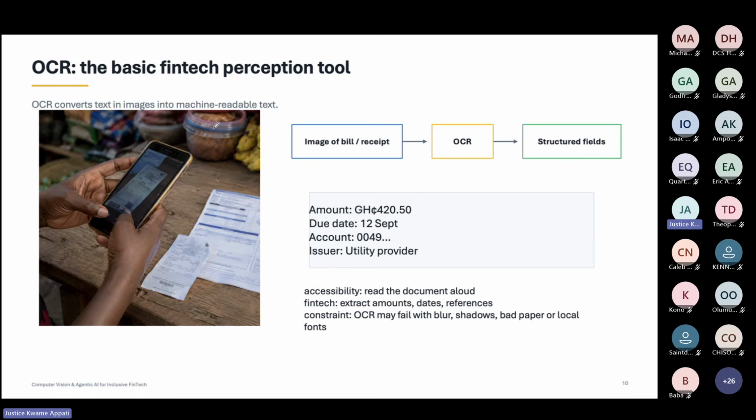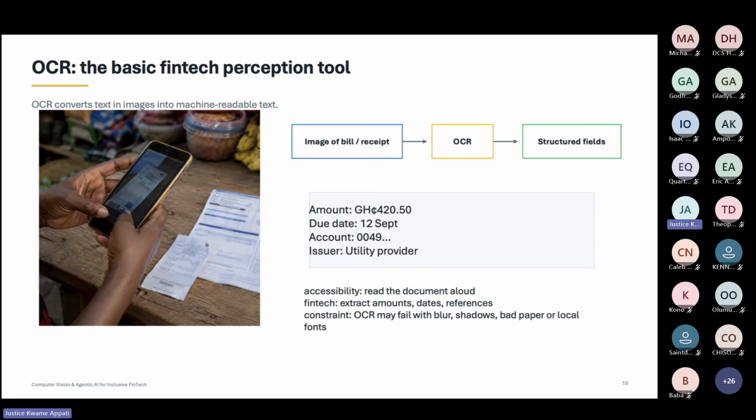So this is where the LLM guy will come in, and he will not just say amount 420. This is where screen readers are different from LLMs. For a screen reader, all you hear is amount, GHC 420.50, due date, 12 September. This is how it all began.